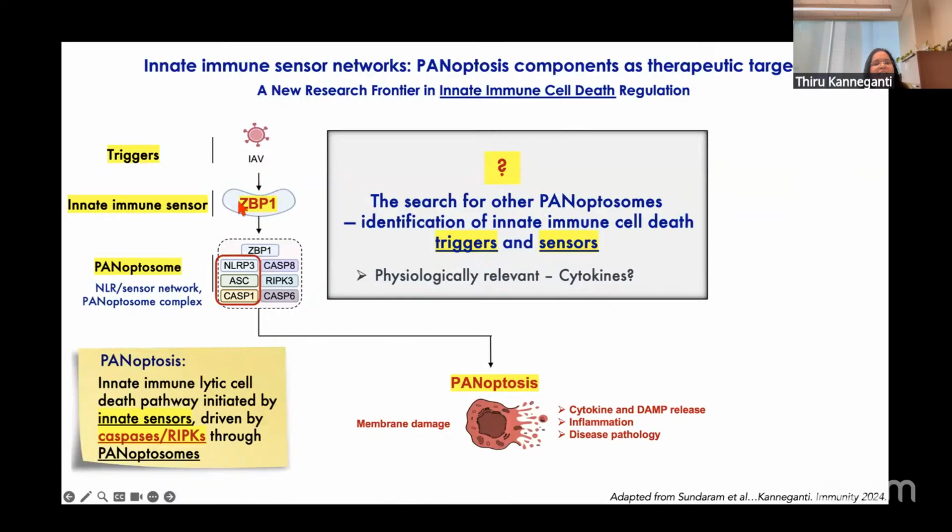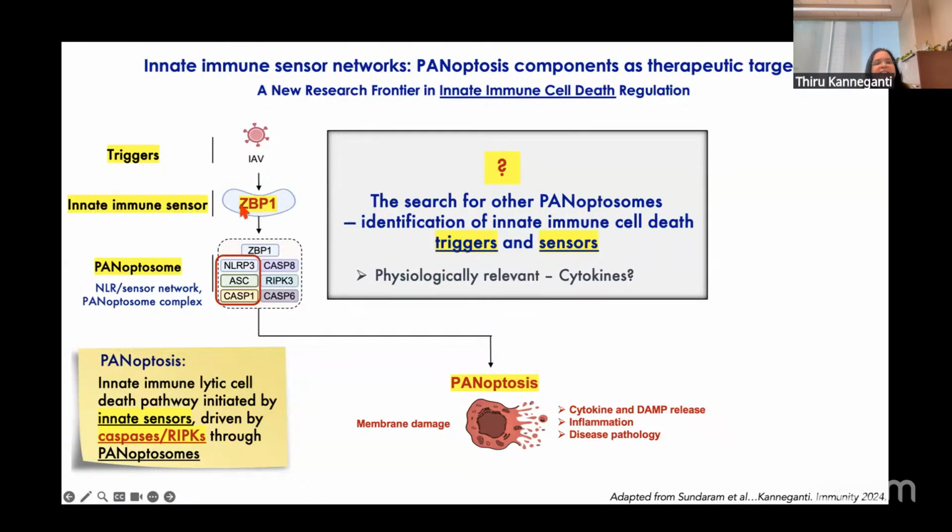So ZBP1 is a founding member, where upon infectious agents, ZBP1 forms a multi-protein complex called the panoptosome, where multiple executioners can be cleaved, driving panoptosis, which causes membrane damage. Several pore-forming molecules might also be cleaved, releasing a lot of DAMPs and cytokines, causing inflammation and leading to disease pathology.